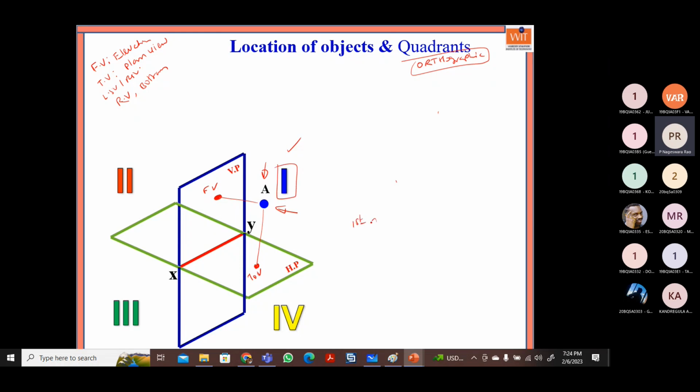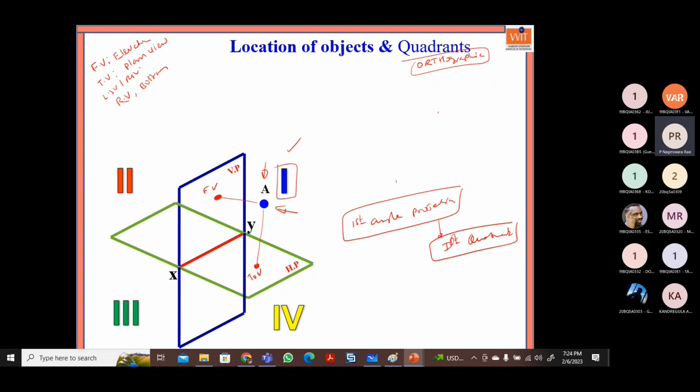So here remember, first angle projection means, one way I can say, when the object is in the first quadrant. This is the simplest way I can say: when the object is in the first quadrant, it is first angle projection.